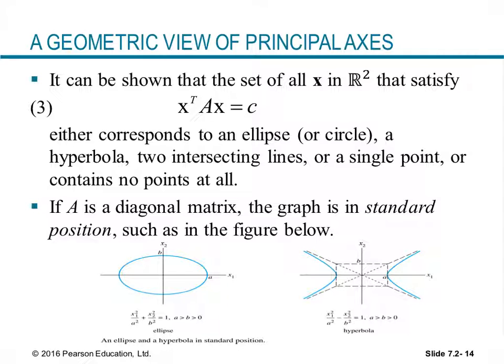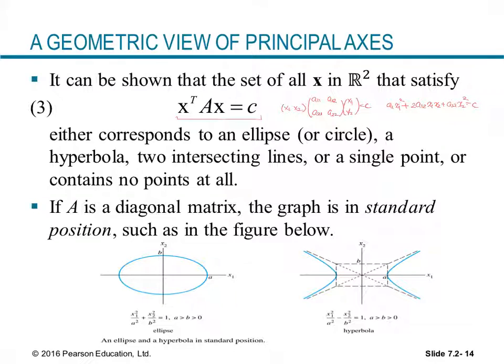If we consider x vectors in R2 satisfying this equation for some constant c, then x1, x2 times a11, a12, a21, a22 times x1, x2 equals c will give you a11 x1 squared plus 2 times a12 x1 x2, because a12 and a21 are the same, plus a22 x2 squared equals c.